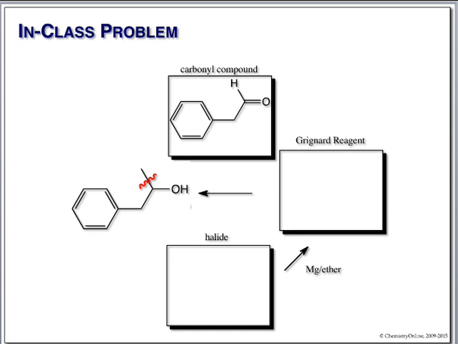Now the little chunk that we added here is just a single carbon. We can add that if we had methyl magnesium bromide. And finally, in order to make methyl magnesium bromide, we want to take bromomethane and react it with magnesium.